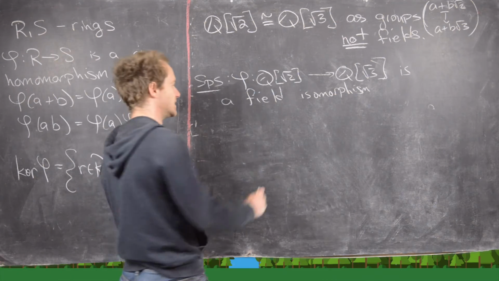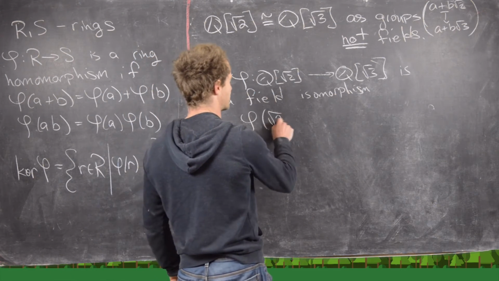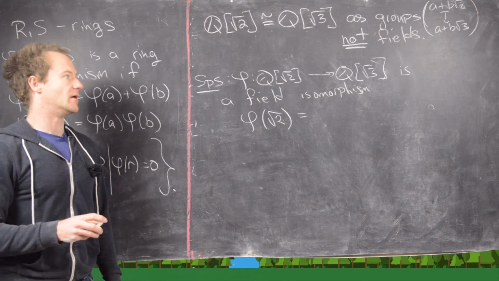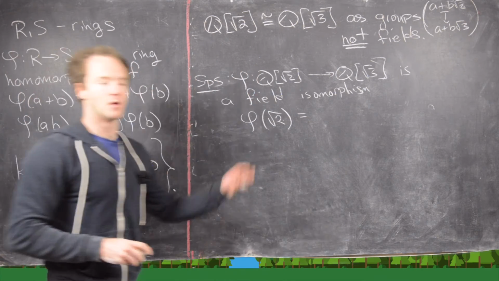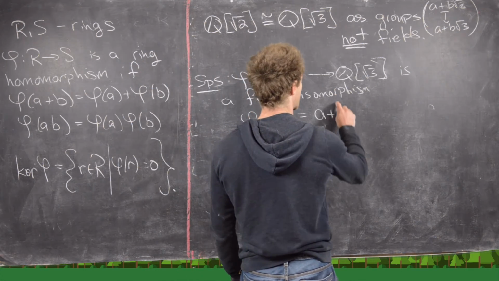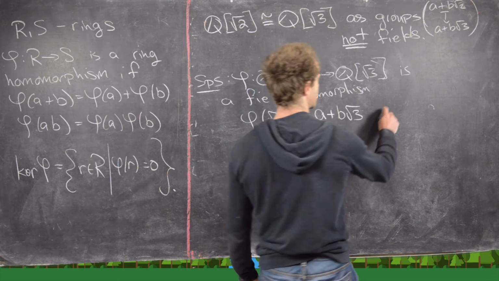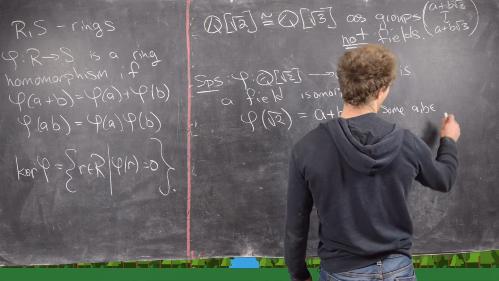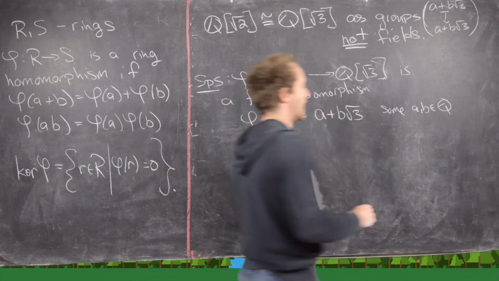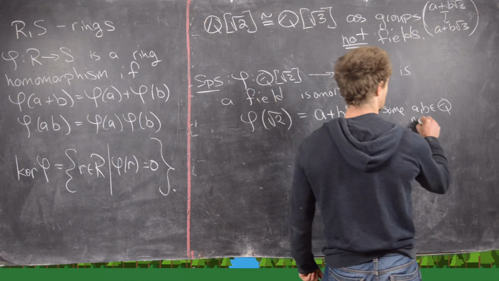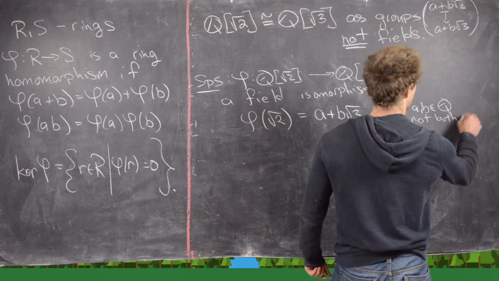And what that tells us is that phi of root 2 needs to be mapped to something in Q adjoin root 3. Well, we know everything in Q adjoin root 3 has the form a plus b times root 3 for some a and b, which are elements from Q. And I should say that these are not both 0.